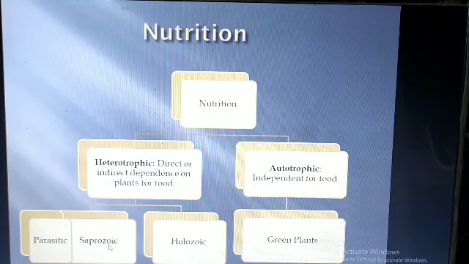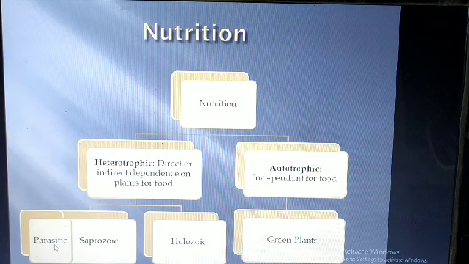If they take it from dead or decayed organic matter, then it is called saprozoic nutrition, and if it is taken from a living host, then it is called a parasitic mode of nutrition. If the parasites are living inside the host, they are called endoparasites, and if they are living outside the body, they are called ectoparasites.